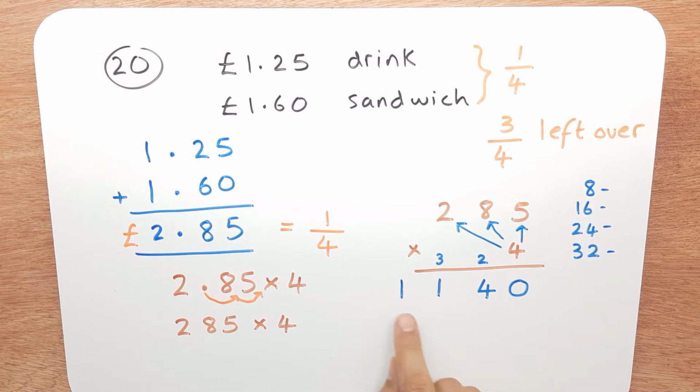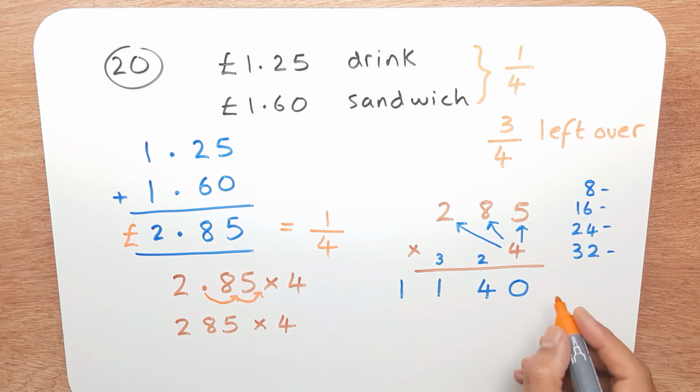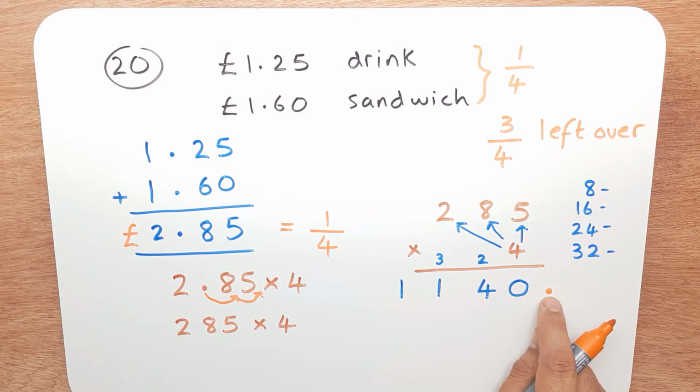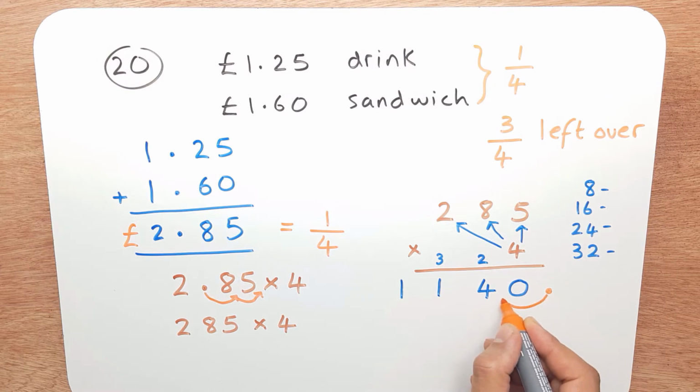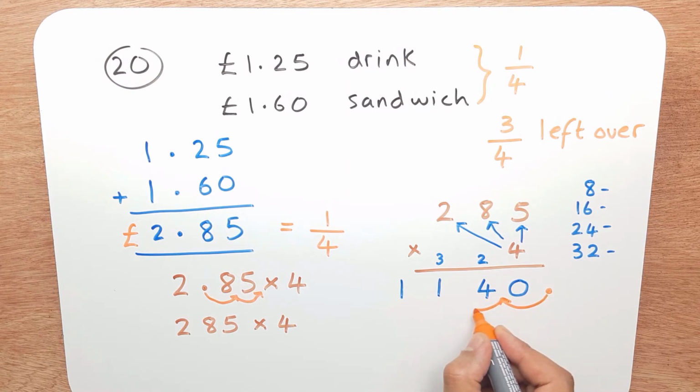So now I have 1,140. Now what did I do here? I moved the decimal point 2 places to the right, and now I have to undo that. So my decimal point is here. So in this number, my decimal point is here, and it's good to know that. So in your head, this is what's going on. Now we need to move back twice. 1 and 2.